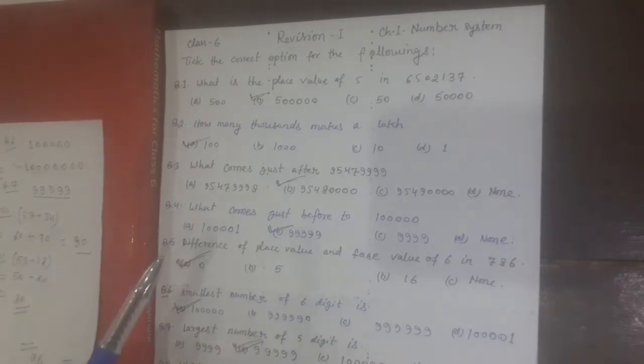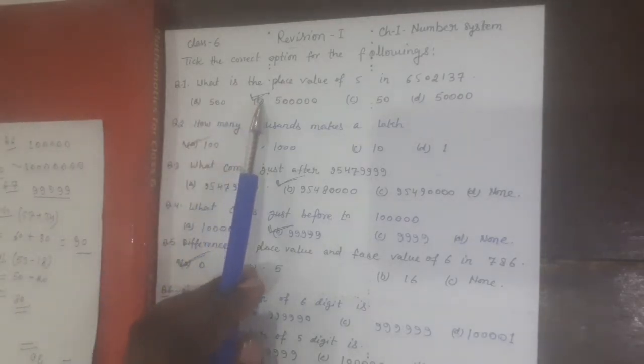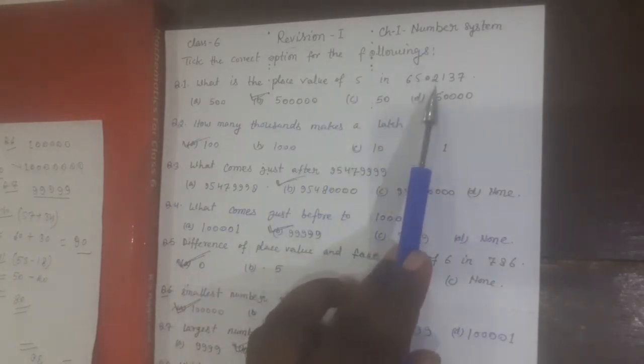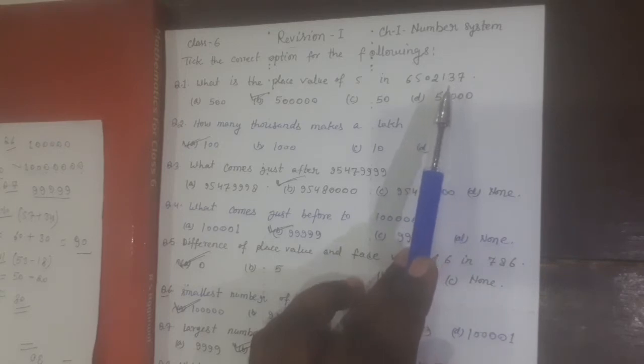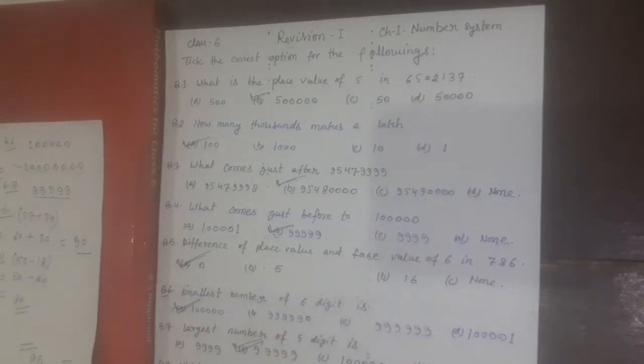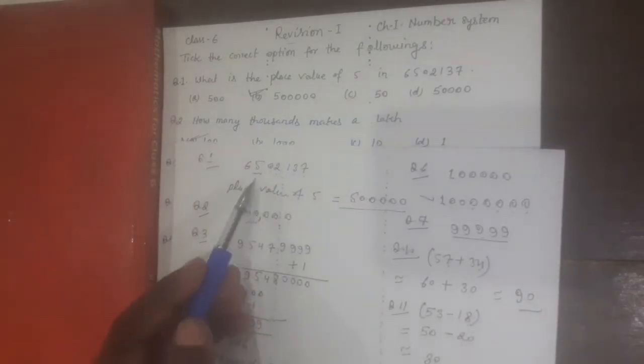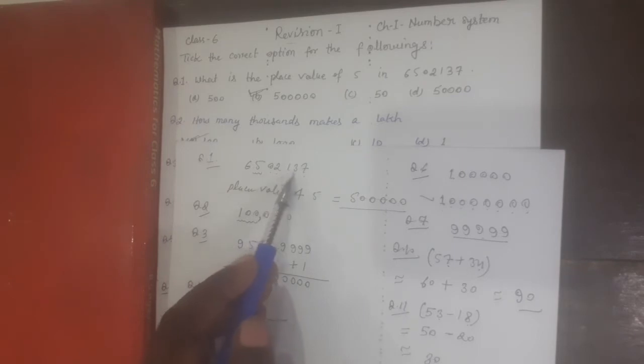Question number 1 says that what is the place value of 5 in 65,02,103. So here we have to find the place value of 5. So let's see here. See, the question number 1 is 65,02,137.